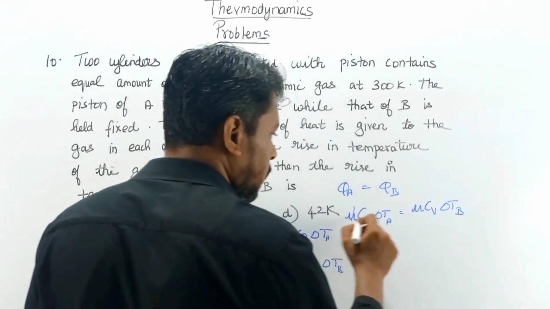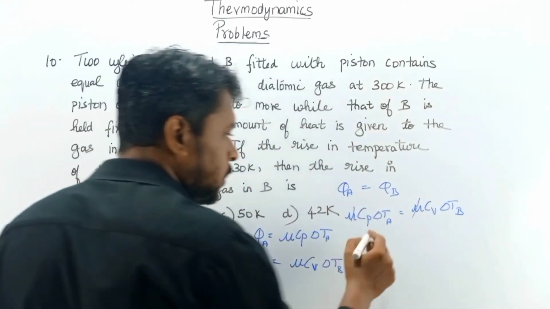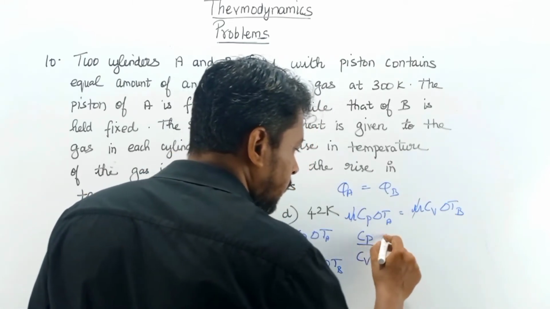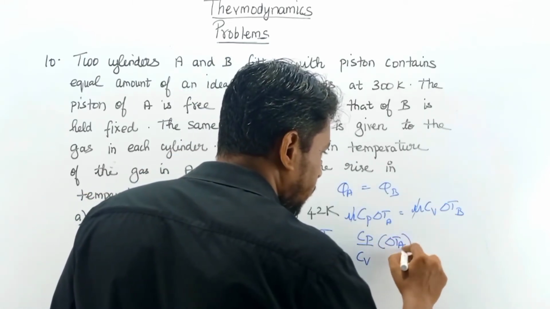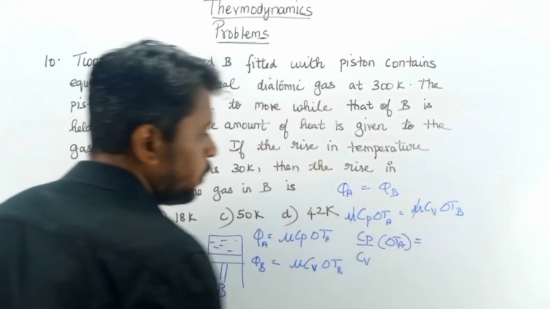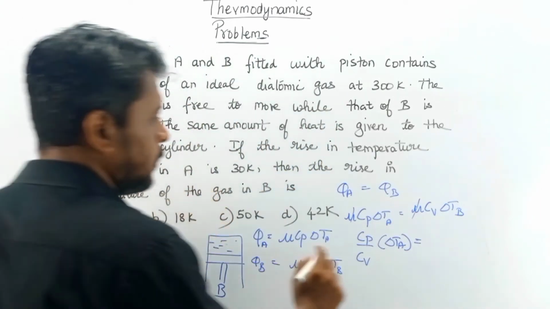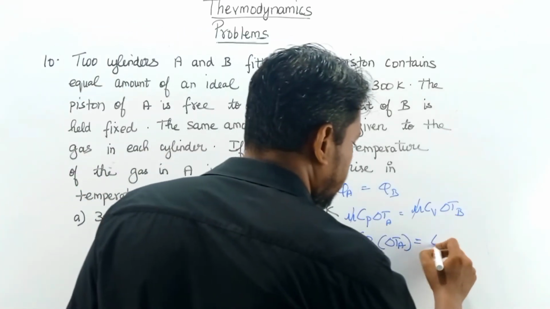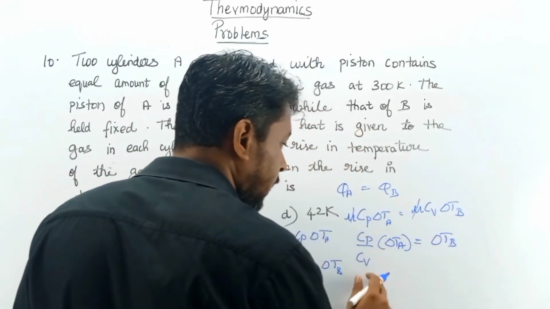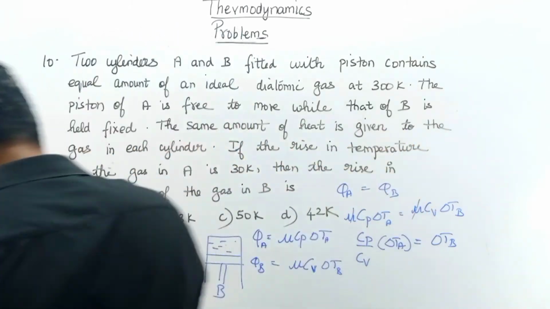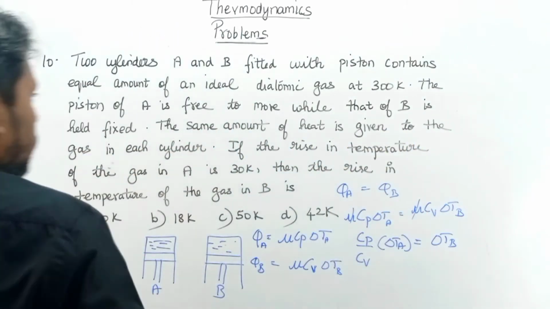The number of moles cancels because the same gas is used. So Cp by Cv into delta TA will be equal to delta TB. We have to find the value of delta TB. Delta TA is given as 30 Kelvin.